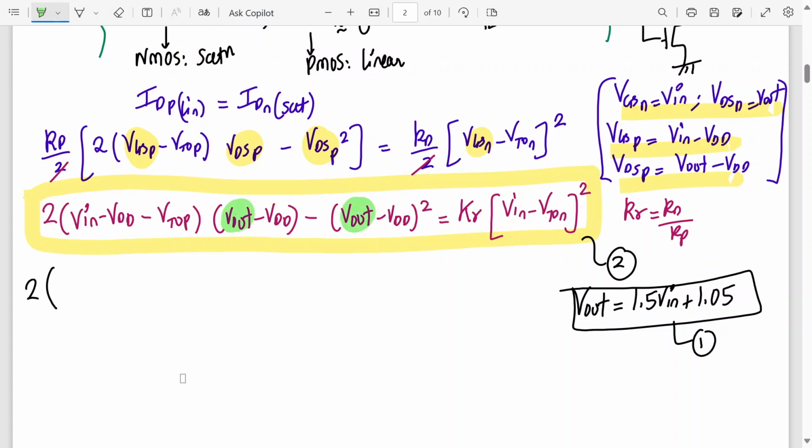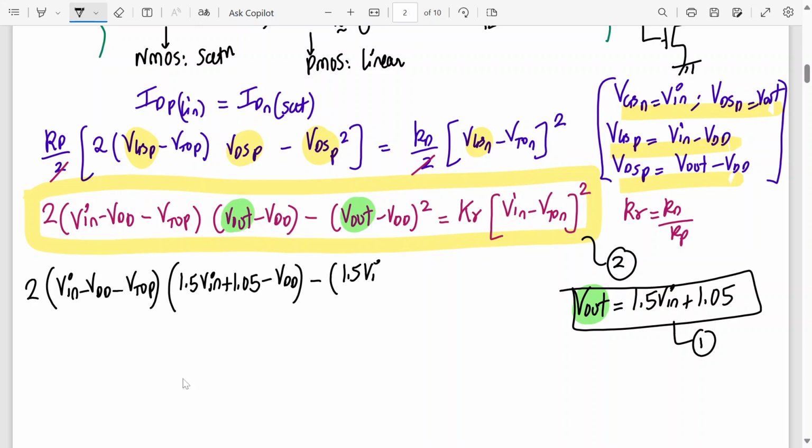So here are the Vout terms, replace them by this. So it is Vin minus VDD minus VTOP into 1.5 times Vin plus 1.05 minus VDD, again 1.5 times Vin plus 1.05 minus VDD the whole square, and that is equal to Kr into Vin minus VTON the whole square. Be very, very careful.